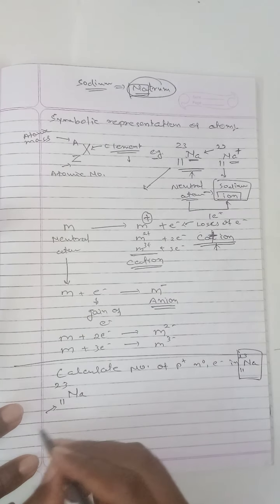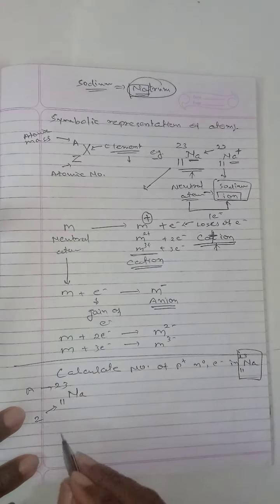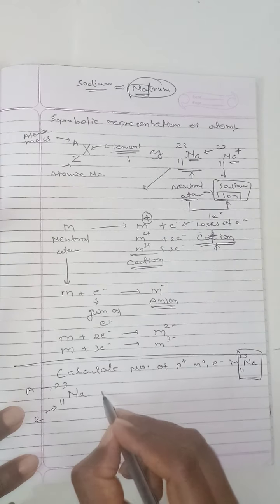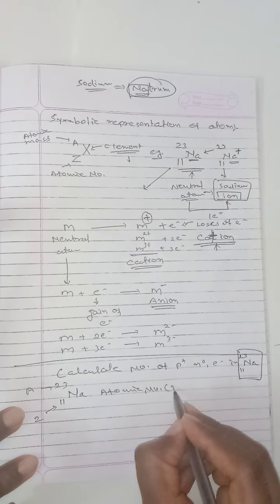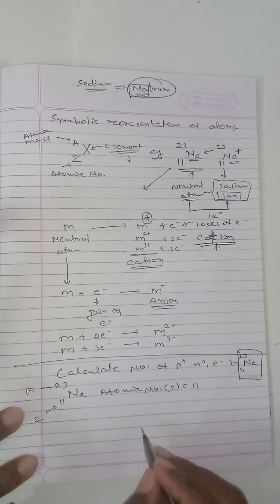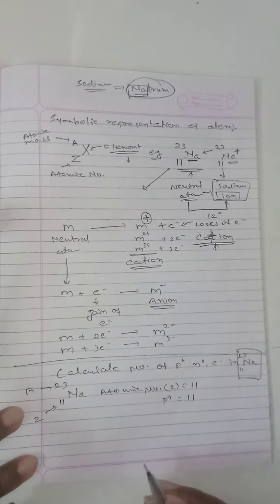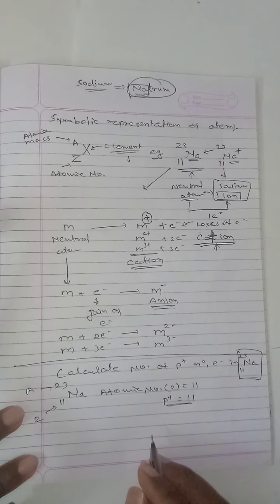This 11 represents Z, 23 is the atomic mass A. From Z, the atomic number Z equal to 11, that means the number of protons never changes, 11.